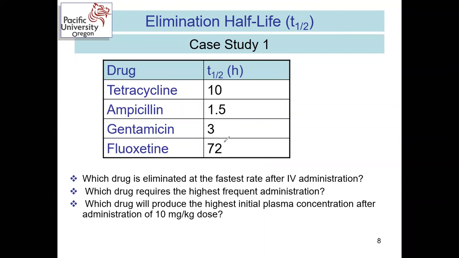I gave you half-life. If we are looking for the drug with the fastest rate of elimination, this means we are looking for the drug with the shortest half-life, right? So it looks like ampicillin has the shortest half-life. This means ampicillin is eliminated at the fastest rate among these 4 drugs.